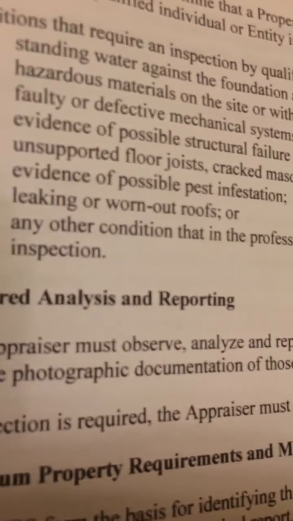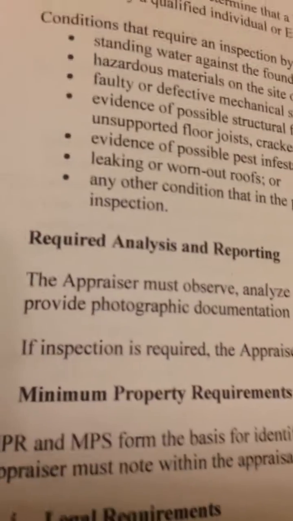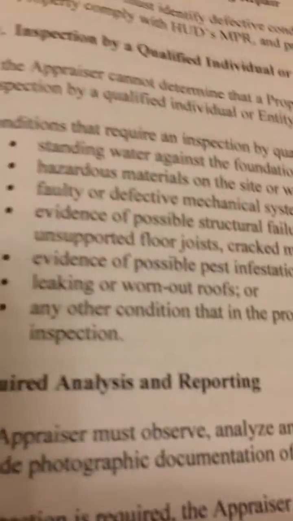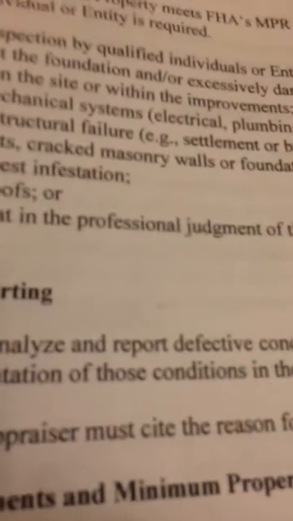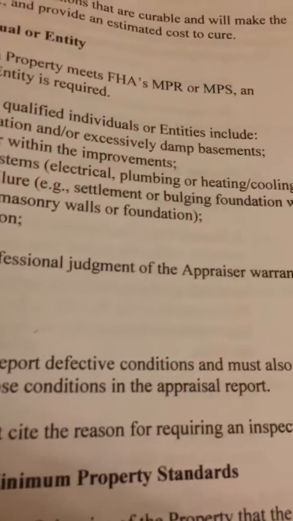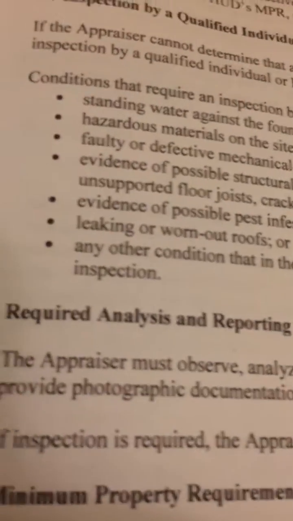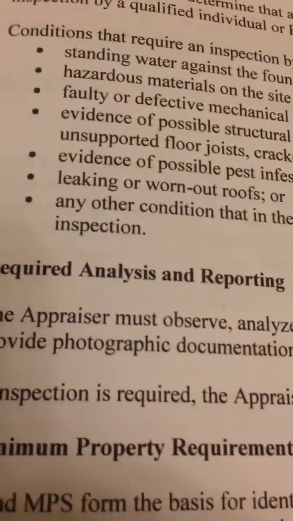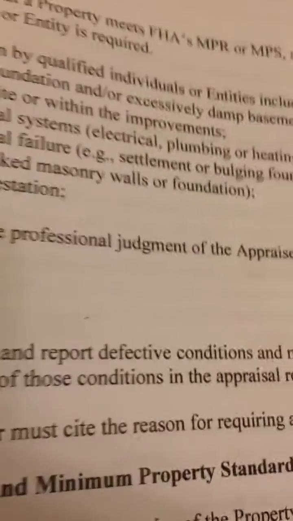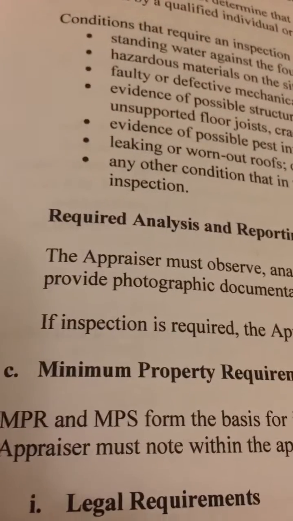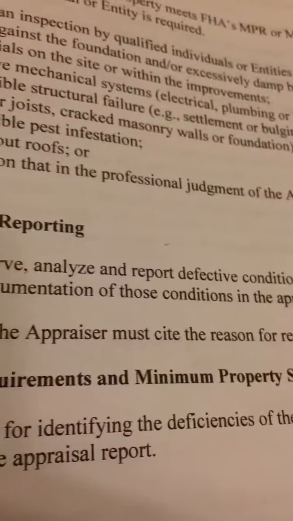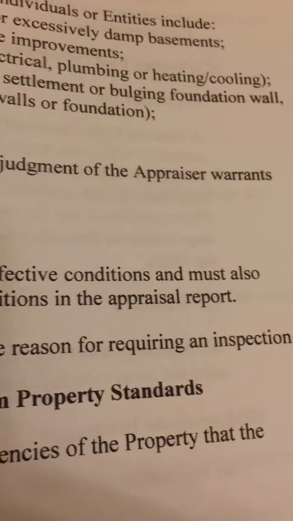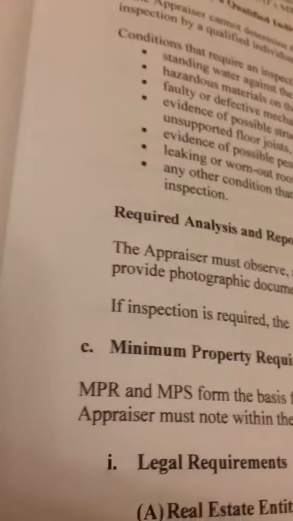Required analysis and reporting. The appraiser must observe, analyze, and report defective conditions and must also provide photographic documentation of those conditions in the appraisal report. If inspection is required, the appraiser must cite the reason for requiring an inspection.